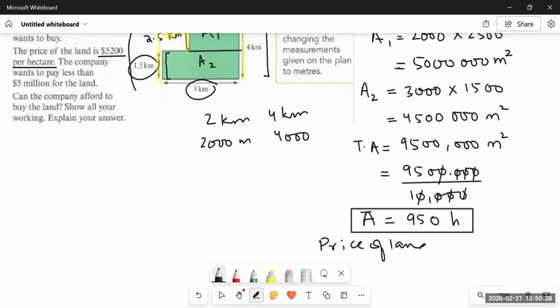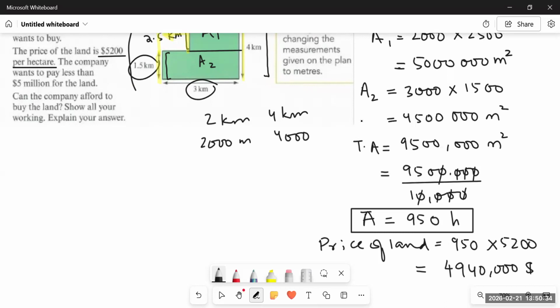For this, we will multiply the total area of land with the cost price per hectare. And that's 950 multiplied by 5,200, which is $4,940,000. That's 4 million, around 5 million.